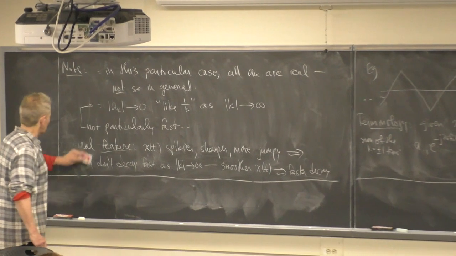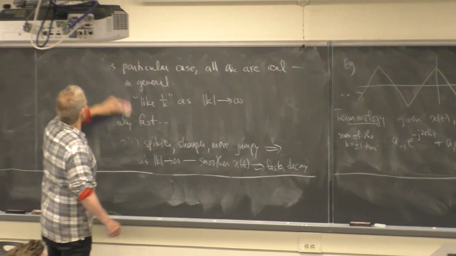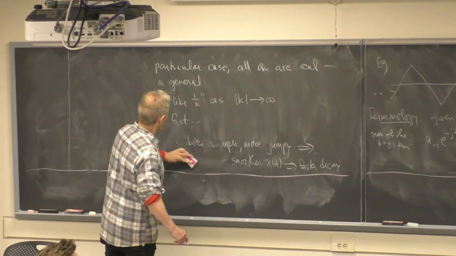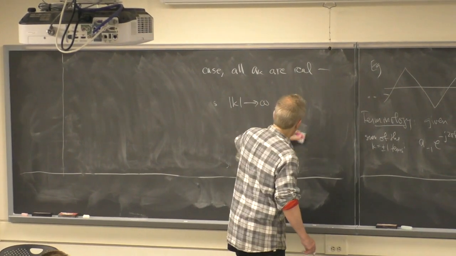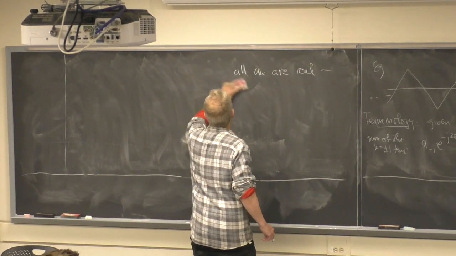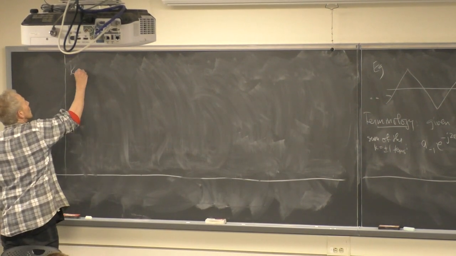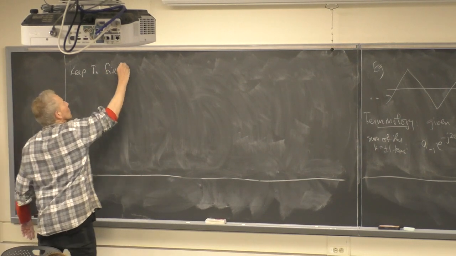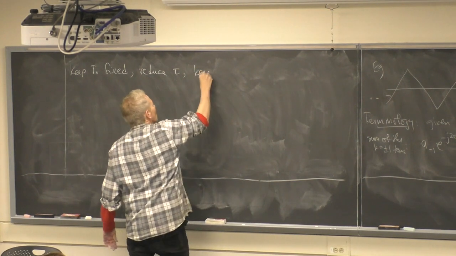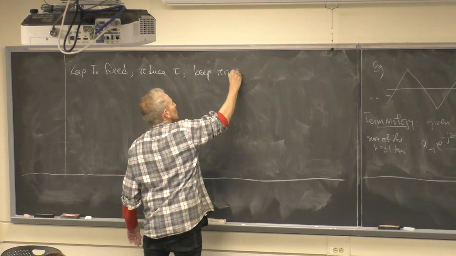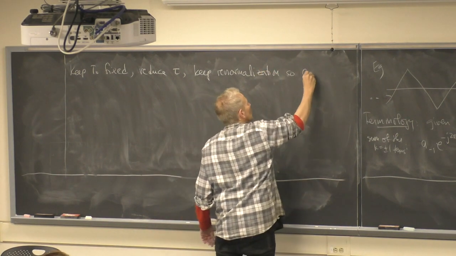Then the pulses in x, if you keep t0 fixed and you reduce tau and preserve the renormalization that keeps the average value to be 1, so a0 equals 1.